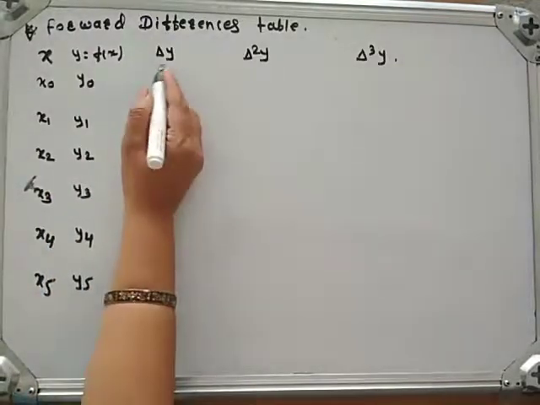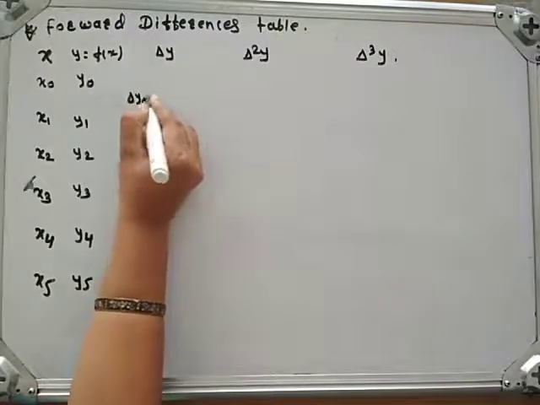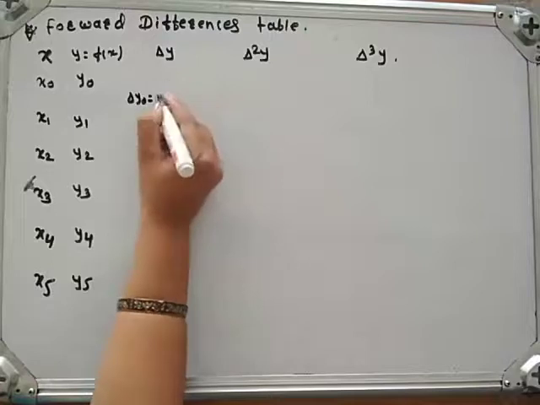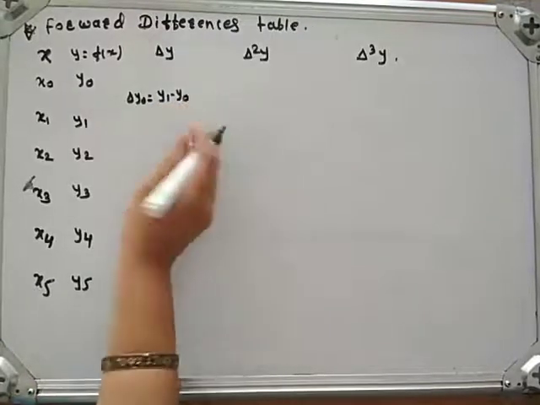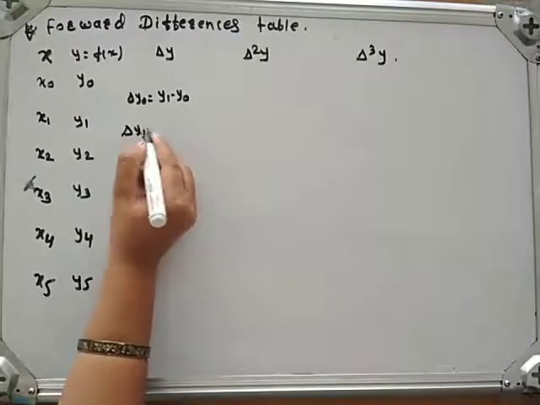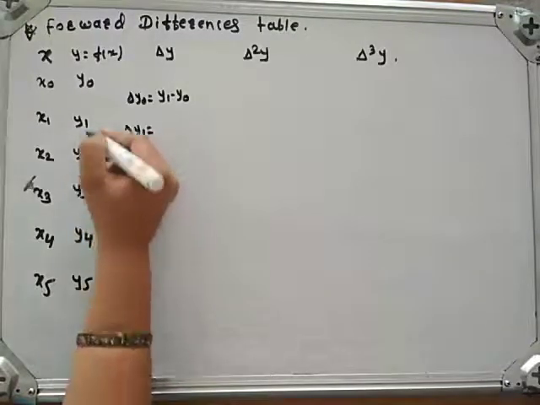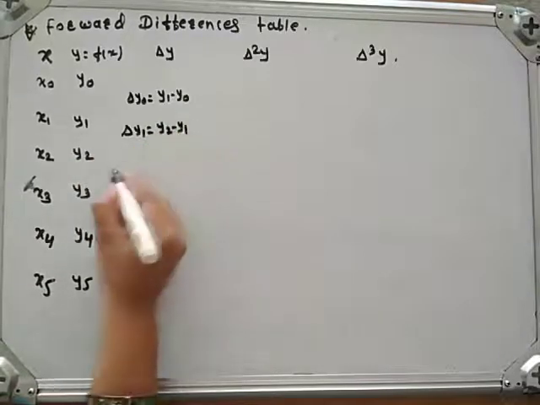Delta y means here we have to calculate delta y0, which is nothing but y1 minus y0, as previously we have seen. Delta y1 is y2 minus y1.